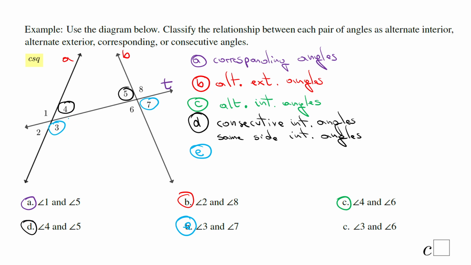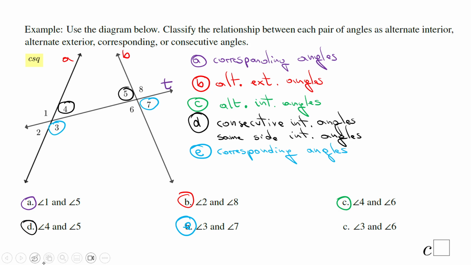Of those angles, 3 is interior, between A and B, 7 is an exterior angle, and they are on the same side of the transversal, the bottom of the transversal T. Those are what we call corresponding angles. So very similar to A, the same type of angles.